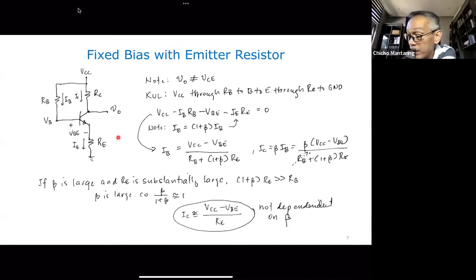The feedback resistor actually is this. This affects the value of IB. So the value of R sub E is fed back and affects the value of I sub B. So intuitively, that's what's happening. That's why this is a better biasing circuit.